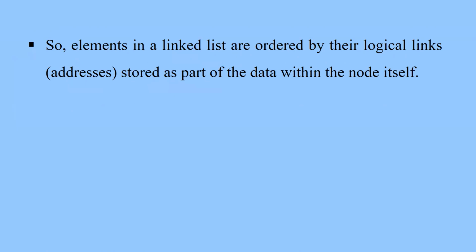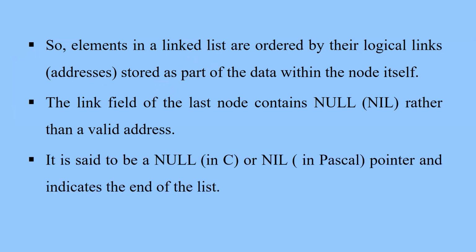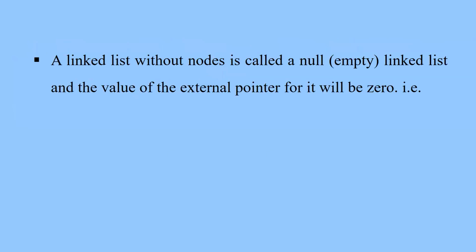So, elements in a linked list are ordered by their logical links or addresses stored as part of the data within the node itself. The link field of the last node contains null or nil rather than a valid address, just as I have said. It is said to be a null pointer in C or a nil pointer in Pascal, and it indicates the end of the list.